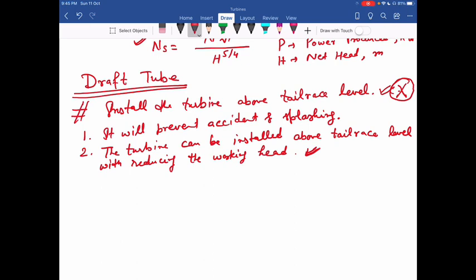Then the third function: the working head, or you can say the energy transfer in the turbine, can still be increased to some extent by adopting a draft tube of enlarging cross section, or increasing cross section.